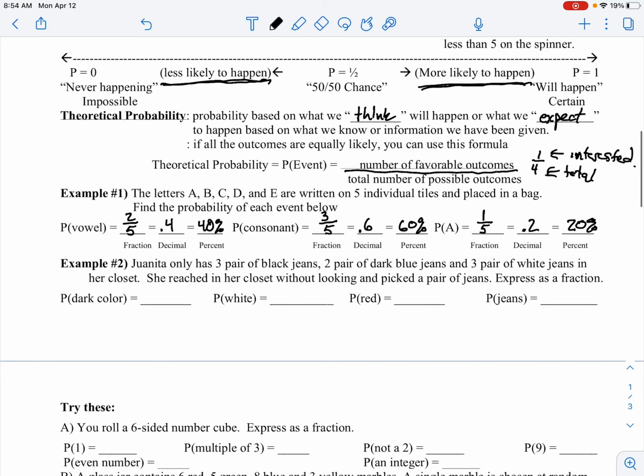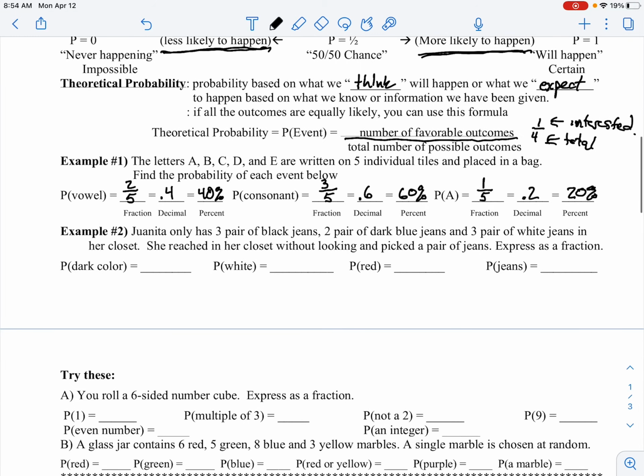All right, now we've got this example number 2. Juanita only has 3 pairs of black jeans, 2 pairs of dark blue jeans, and 3 pairs of white jeans in her closet. She reached into her closet without looking and picked a random pair of jeans. Expressed as a fraction, what's the probability of drawing a dark color? Well, how many jeans does she have in total?